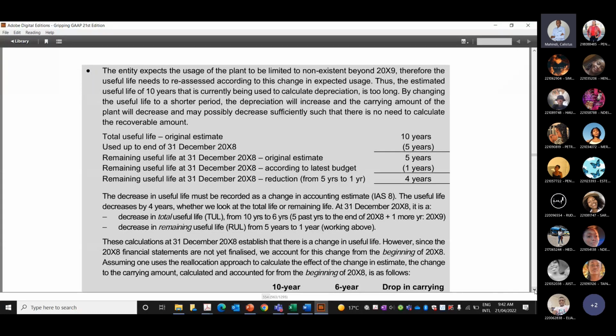Then the new carrying amount that we obtain, we will compare to the information that we have obtained in the indicator review to see if there is any possible impairment, and if there is, then we would have to calculate the recoverable amount.